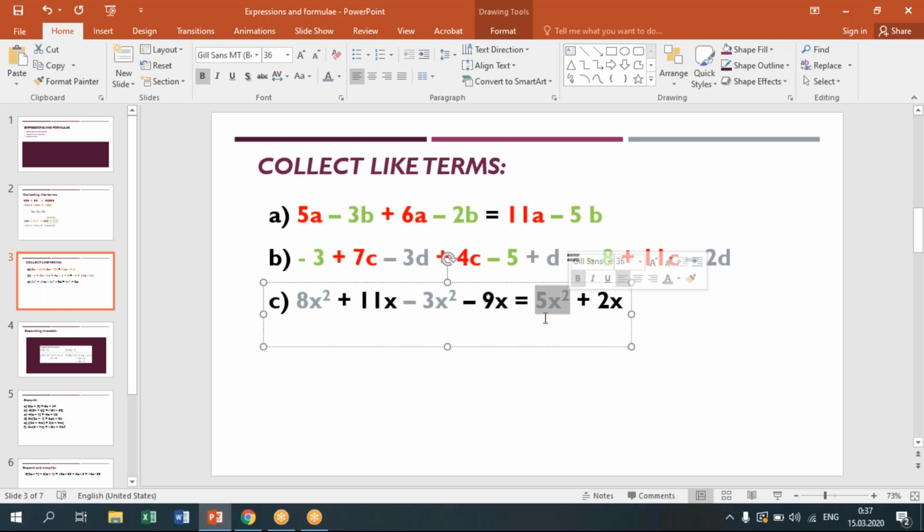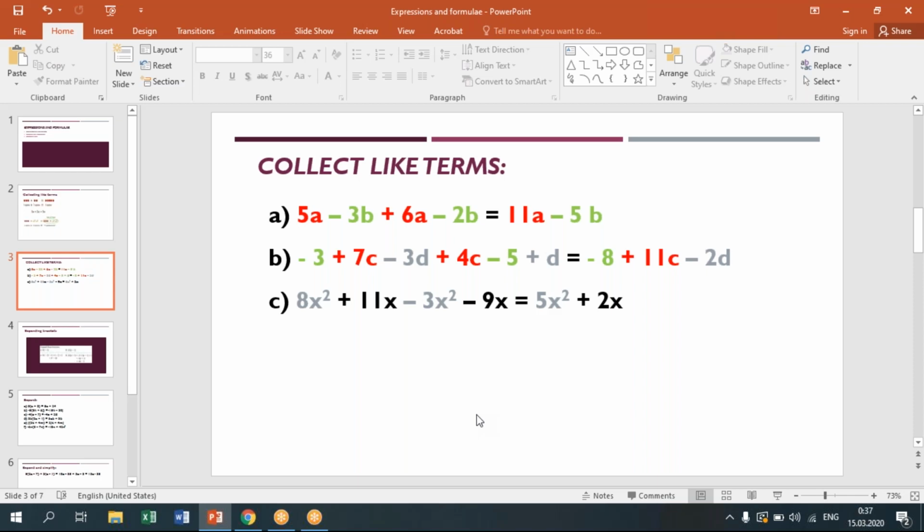It doesn't matter that in the previous examples it was just C, D, A, B, etc. without any power. The same thing happens with the variables with powers.